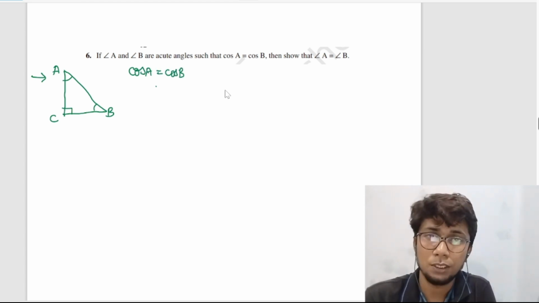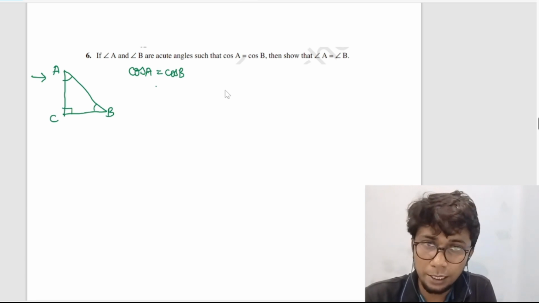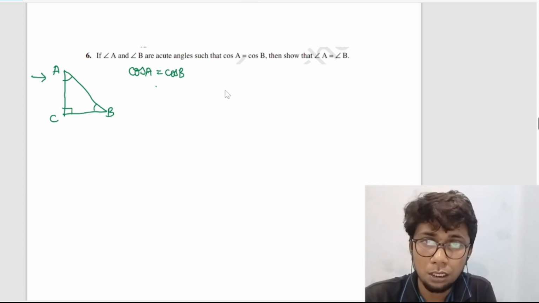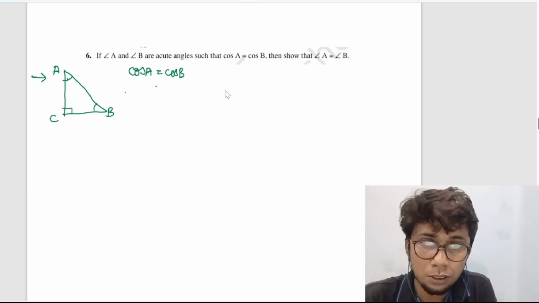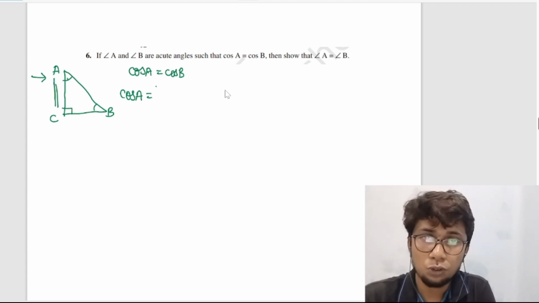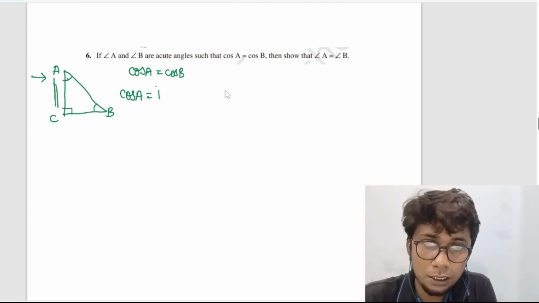So if we consider angle A, what is our perpendicular? If we calculate cos A, the perpendicular for A will be BC and the base will be this AC, right? So cos A is what? It is BC upon, that is base upon hypotenuse, and hypotenuse is what?